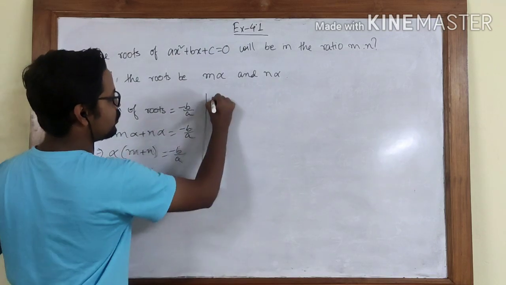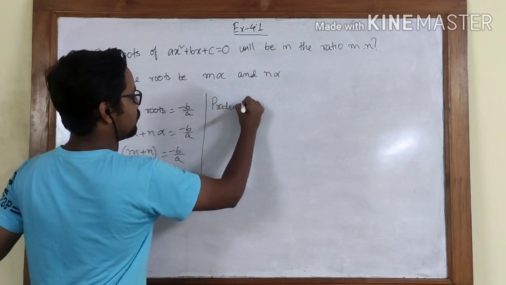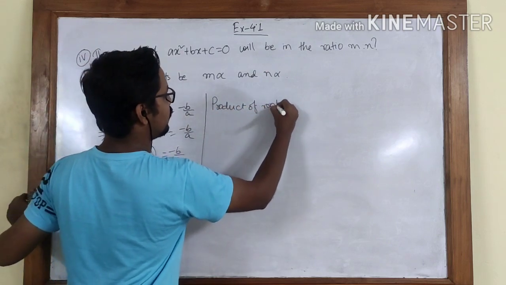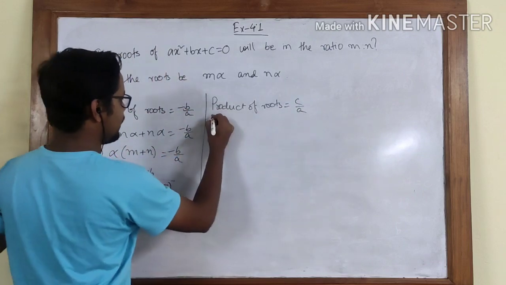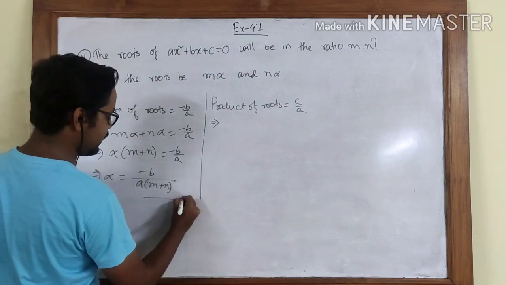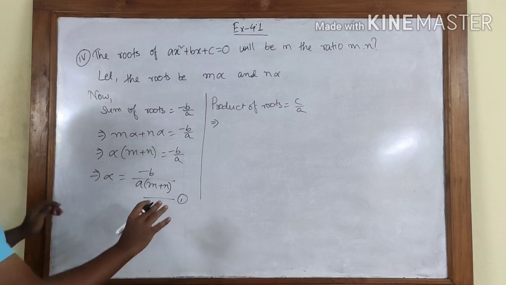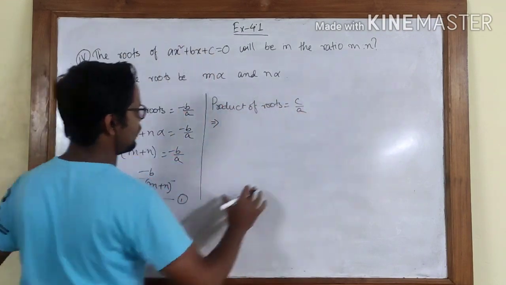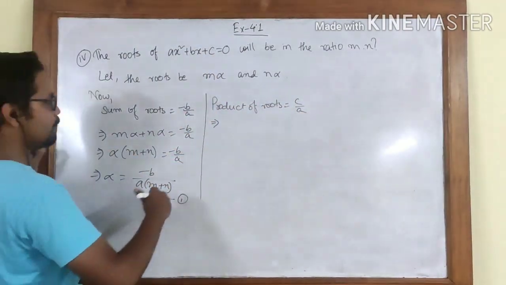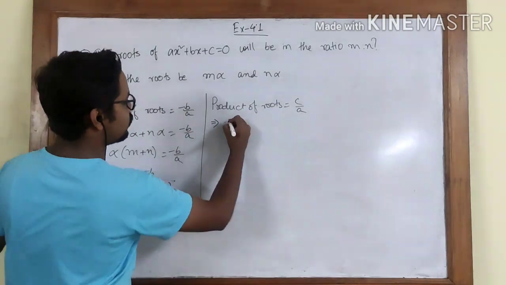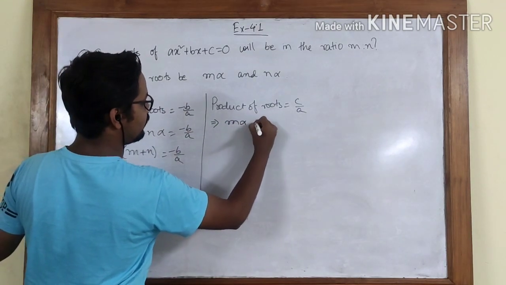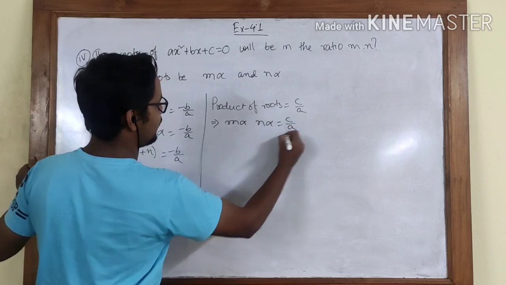Similarly, we can have the product of roots. The product of roots will be c by a, and we can put the value. This one will be taken as number 1, just like number 2. Just the difference is here the ratio is given. Everything else is like question number 2. So the product of roots is m alpha into n alpha is equal to c by a.